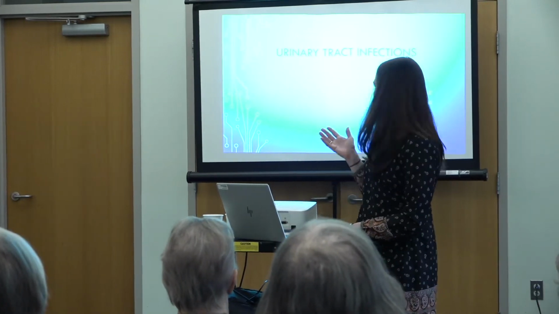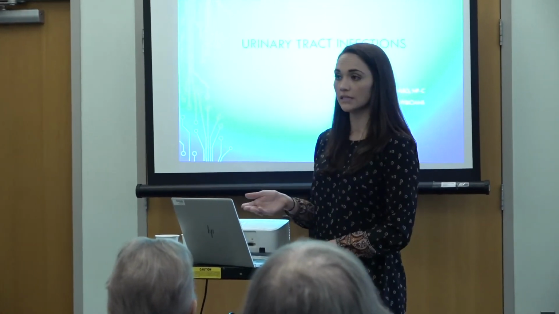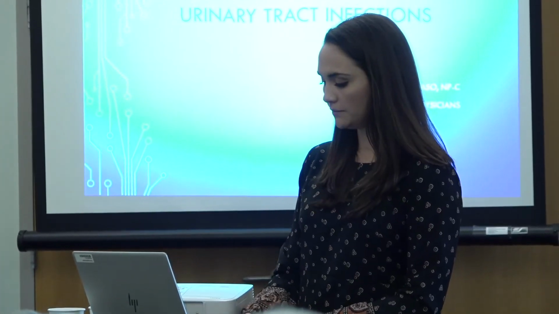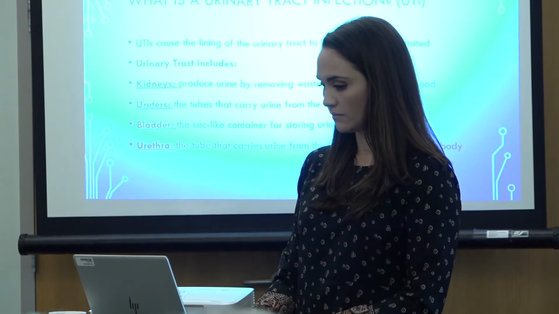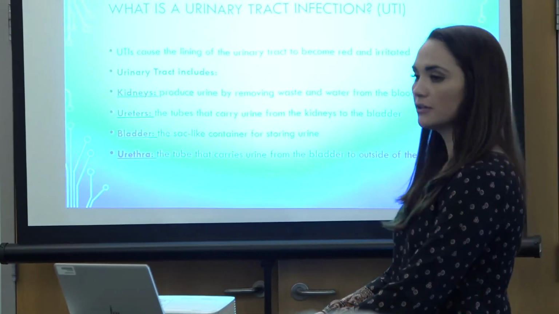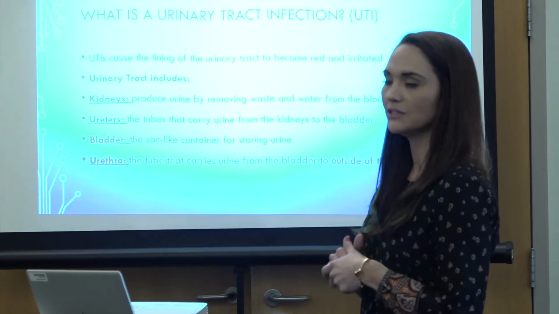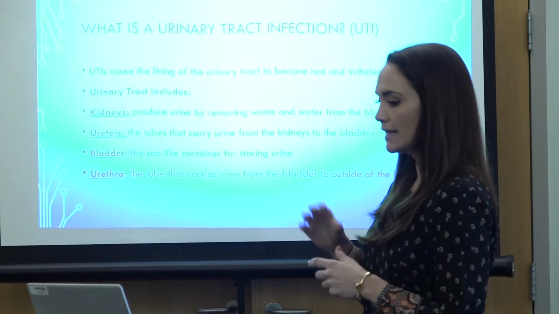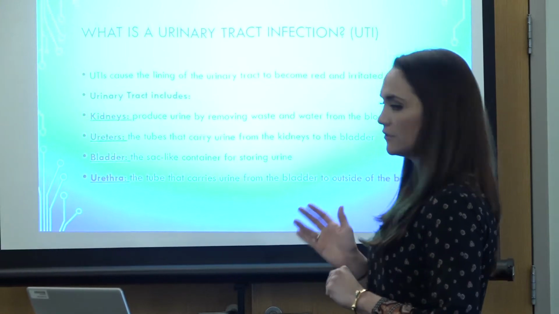So yes, the topic is urinary tract infection, which is a really common and important problem to learn about. I'll start off with what is a urinary tract infection. UTI is what we commonly know them by. UTIs cause redness and irritation to the lining of the urinary tract.